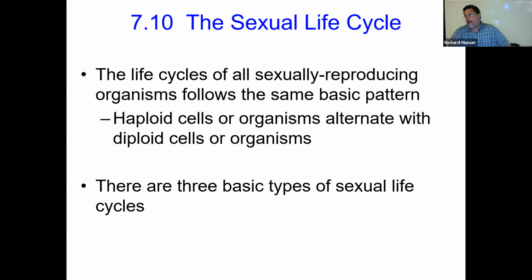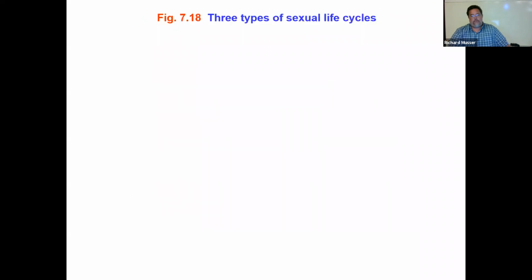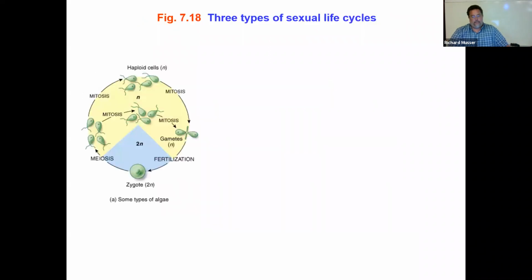So some weird things can happen in the plant and animal world, though we're primarily talking about animals in our zoology class. There are three basic types of sexual life cycles. One that you'll be able to obviously identify quickly, and some that you might not.